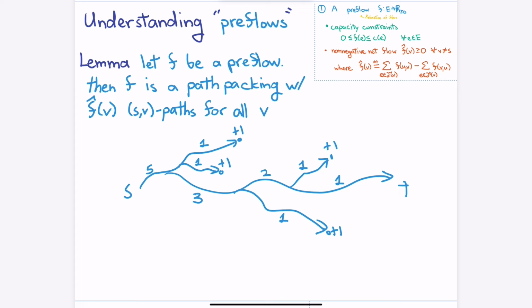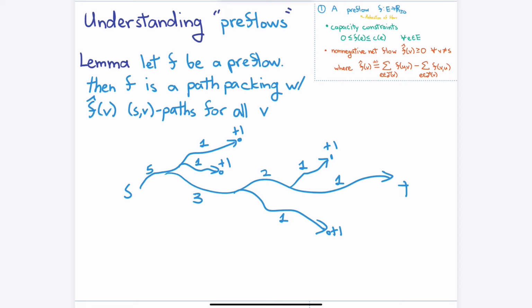Okay. So the claim is that I can break this down into a family of paths that satisfy the capacity constraints, some kind of path packing. But usually we only do S to T paths, right?